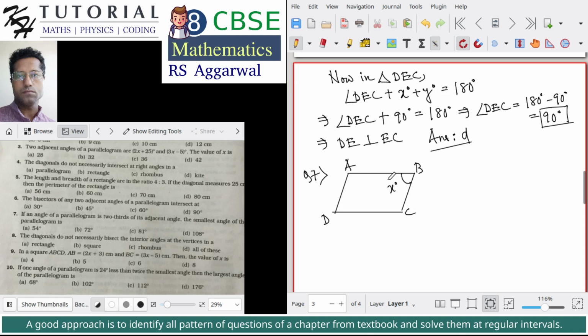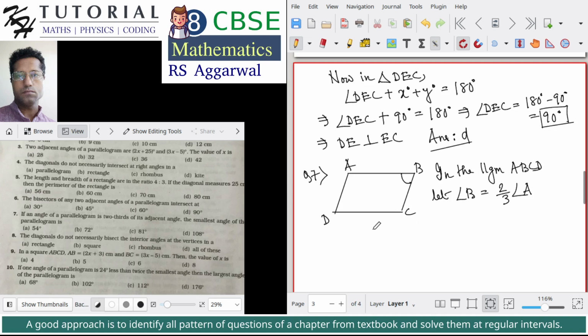It is saying that one angle of a parallelogram is 2/3 of its adjacent angle. So in the parallelogram ABCD, let angle B be equal to 2/3 of angle A. So A and B are adjacent angles, and we are assuming that angle B is 2/3 of angle A.